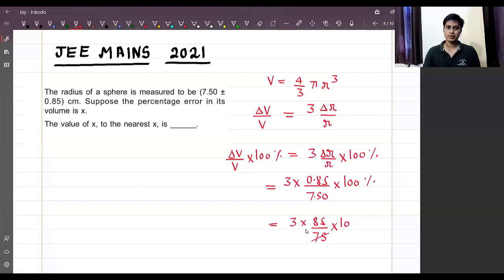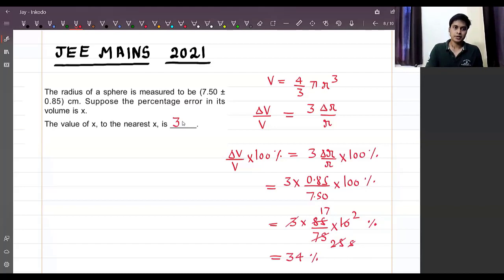You can do some calculation. 325, 75, 5 to 10, 5, 5. This will go 17 times, and the answer would be 34%. 34% is the answer for this. This was an NIT type question, numerical answer type. So here you'll be writing 34 as the percentage error.